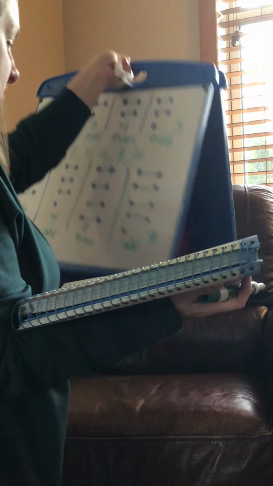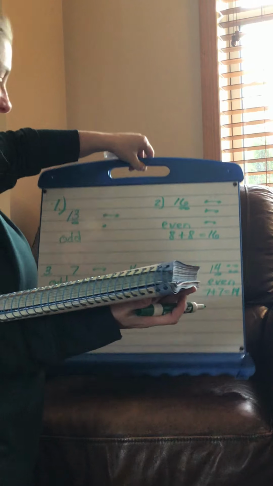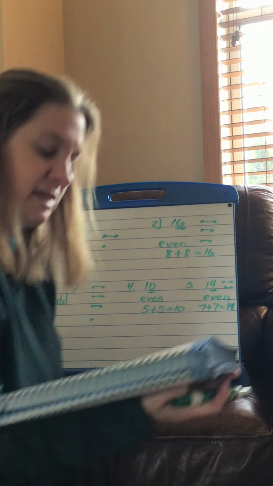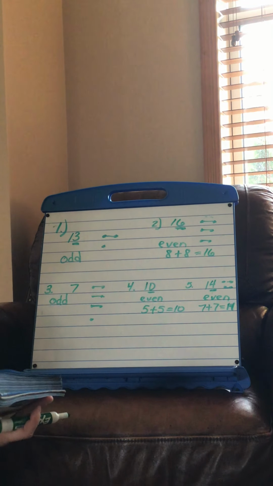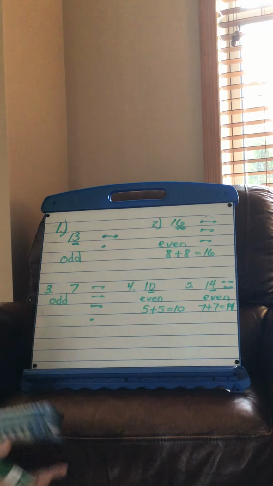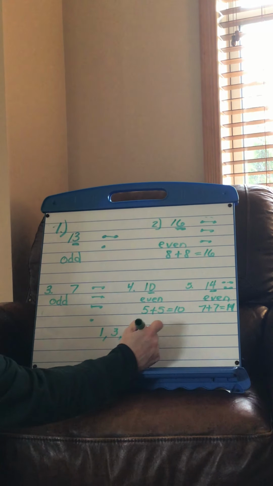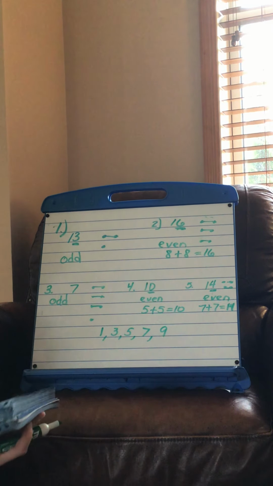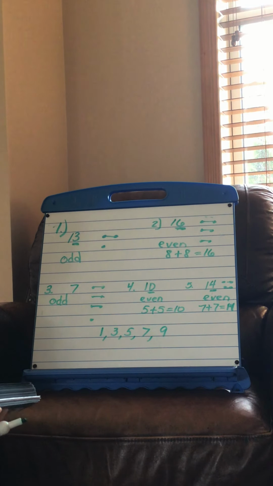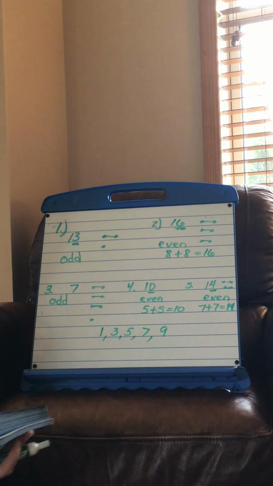I want to go back and see if we can figure number 7 out. It says Lydia's mystery number is an odd number. Okay, so our odd numbers, if I can remember straight, are 1, 3, 5, 7, and 9. Okay, she has an odd number that is less than 20. It has 6 more ones than tens.